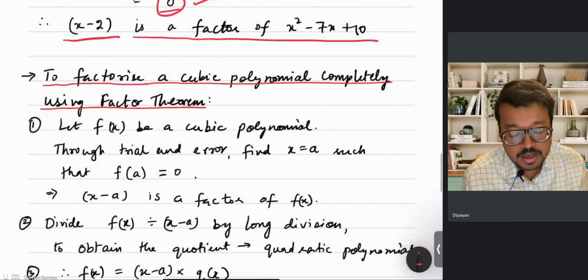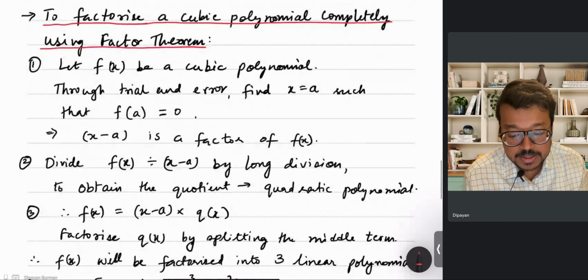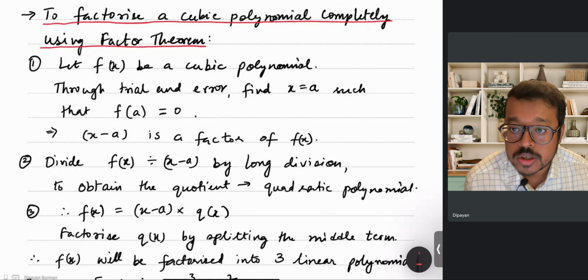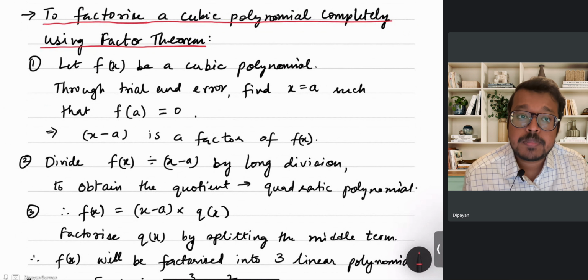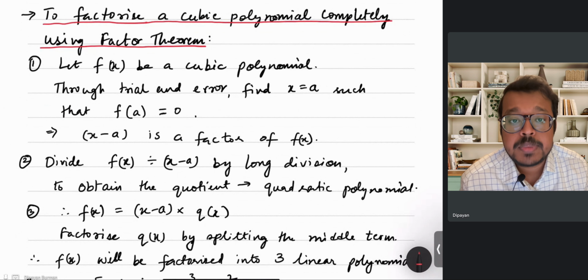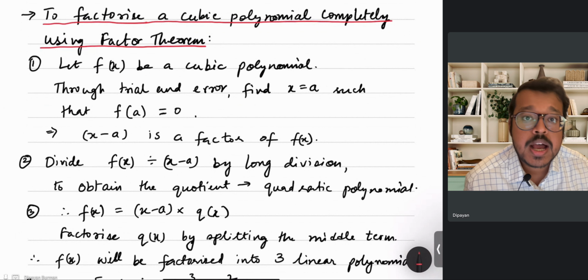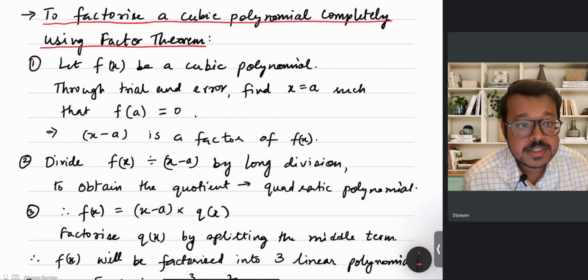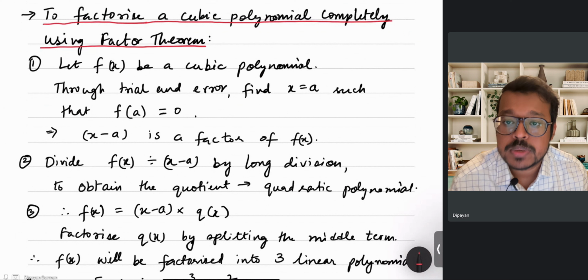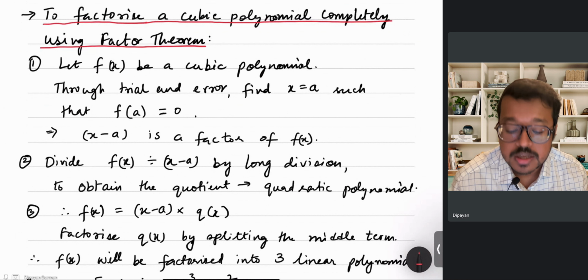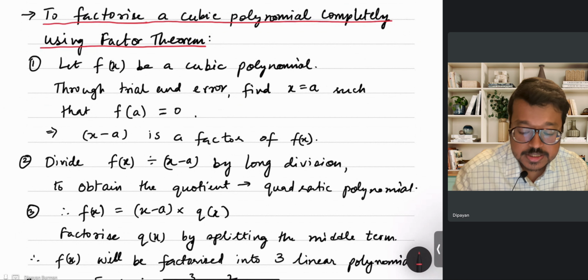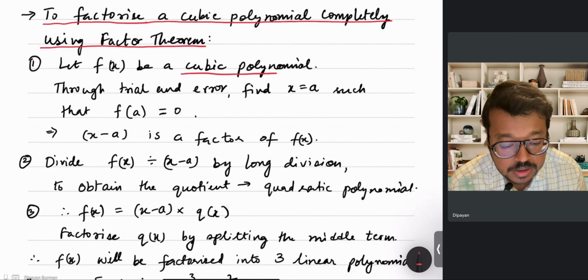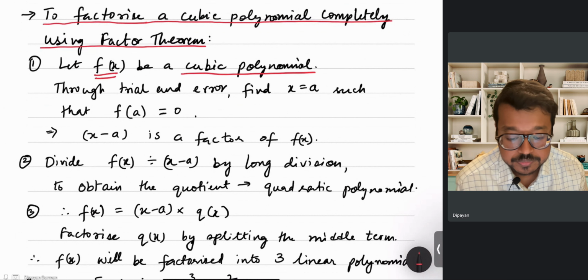Then another important application of remainder and factor theorem is that we can apply this theorem to completely factorize some higher order polynomials. Specifically here we are taking cubic polynomials, that means it has degree 3. Now let's say that my cubic polynomial is f of x.